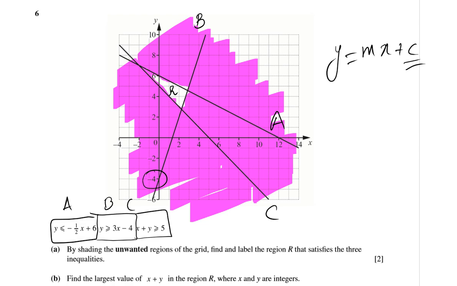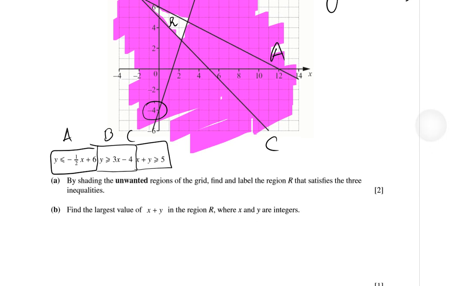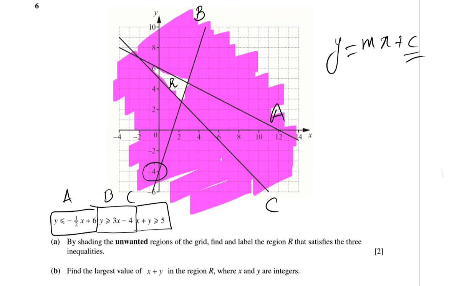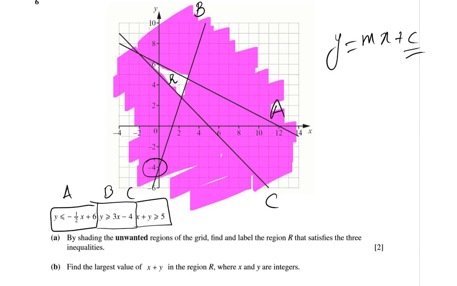Alright, 2 marks. Find the largest value of x plus y, and it has to be an integer. Okay. I think this should be it, because these are negative ones. So I cannot go on the negative side.